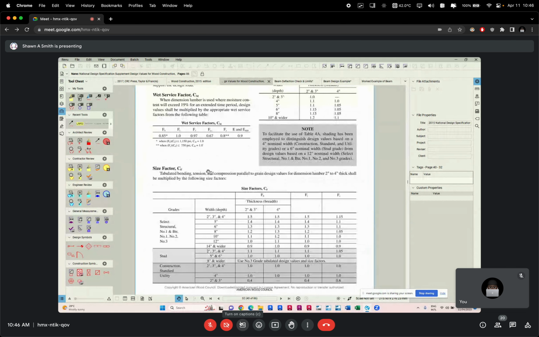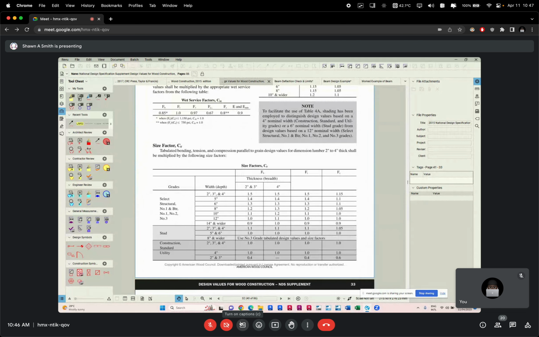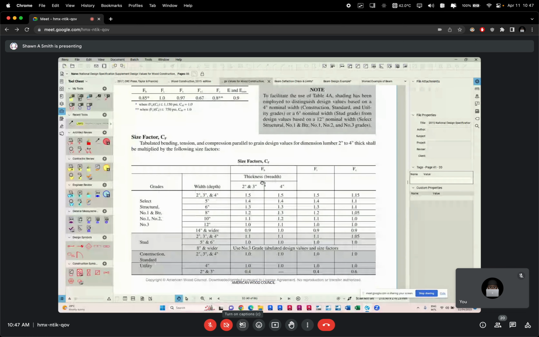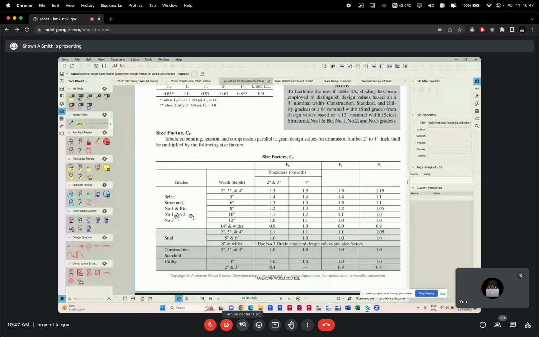The size factor, class, because we know the size, we can now know what the size factor is for bending. So you have bending, tension, and compression. We are in number 1. This speaks to number 1 and number 2. So it says select these grades apply. All of these grades apply. And we have to look at the width. All right, so we are in the 8 inch.